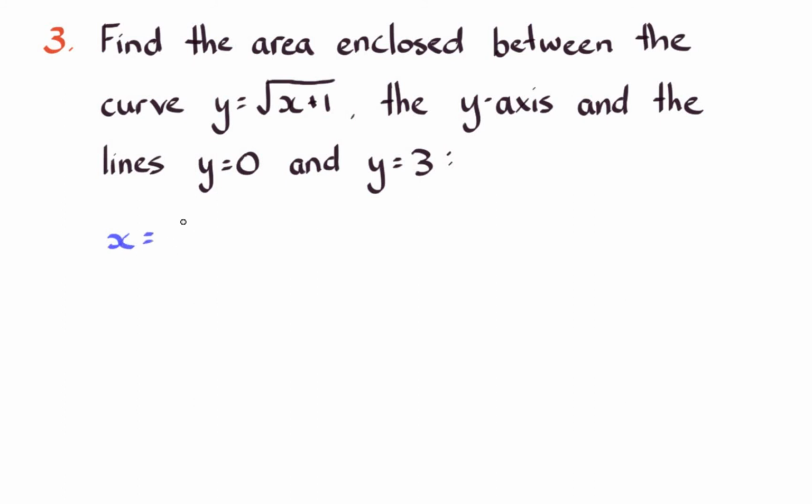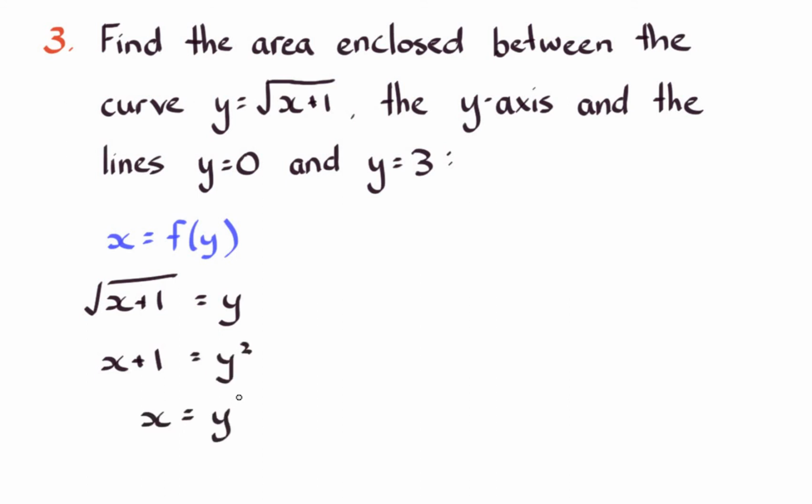But at the moment it's in the standard form, y equals f of x, so let's change that around. Okay, so the square root of x plus 1 is equal to y, just swapping it around. Let's square both sides to get rid of that square root. And then we will subtract 1. So x equals y squared minus 1.